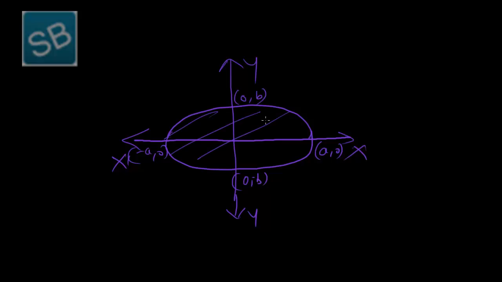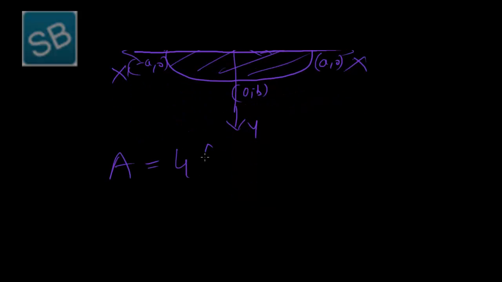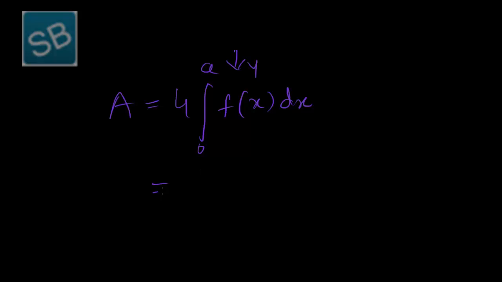So the area of this whole region is 4 times the area, that is 4 times the integral from 0 to a of f of x dx, or we can also find it in both cases as the integral from 0 to b of g of y dy. It depends upon our choice. We are taking the limit ranging from the axis, that is from 0 to a or 0 to b. So we have to consider the curve on the basis of this.